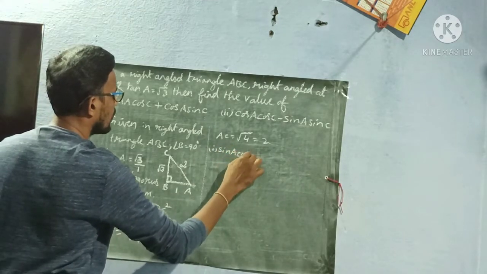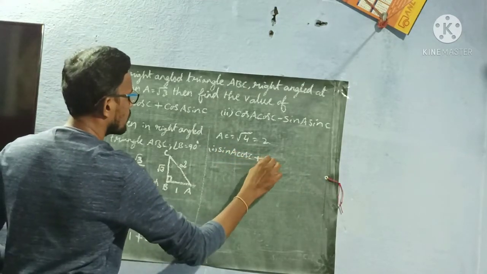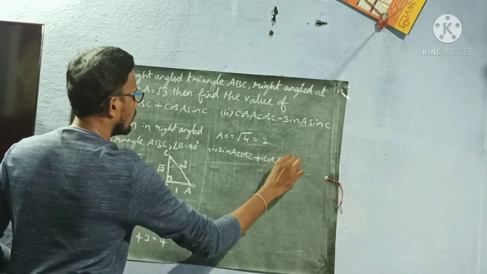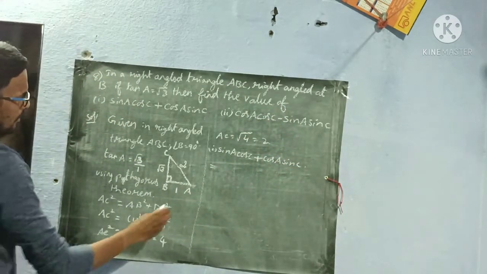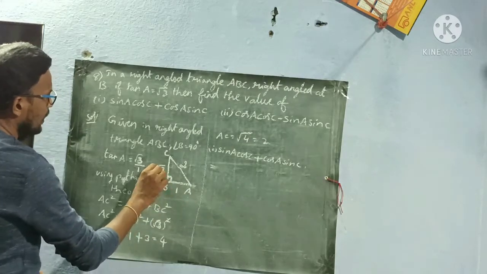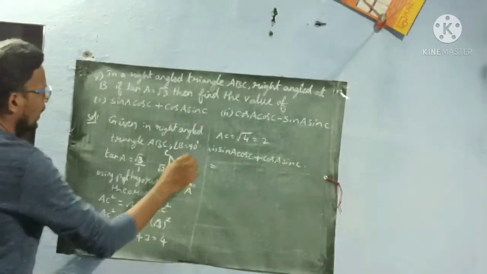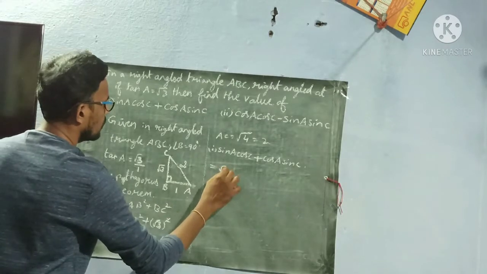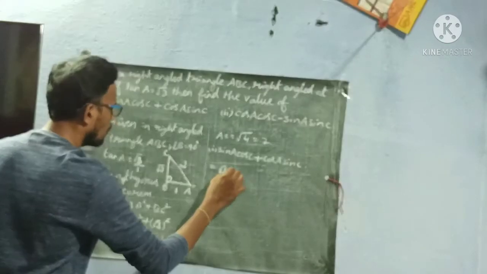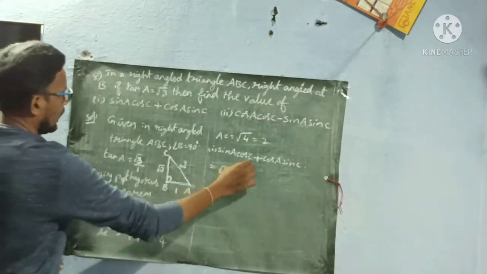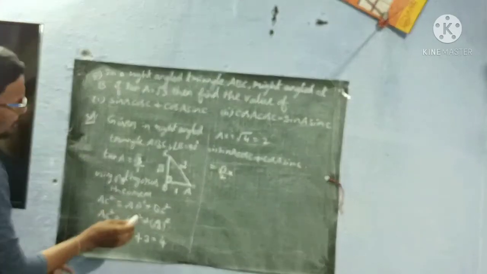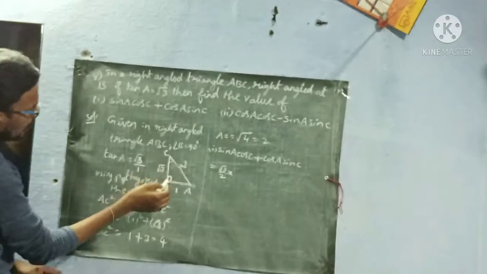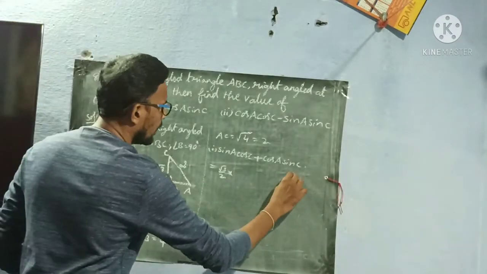Sin A cos C plus cos A sin C. So that is equal to sin A, with respect to A the sin value, that is opposite side by hypotenuse, that is root 3 by 2 into cos C. With respect to C, I want adjacent side by hypotenuse. So with respect to C, wait, I will draw the diagram again.